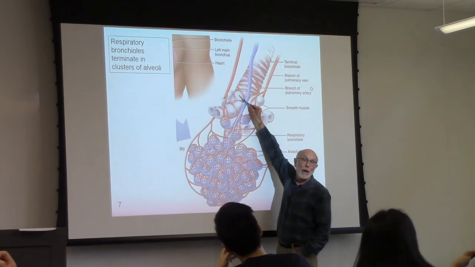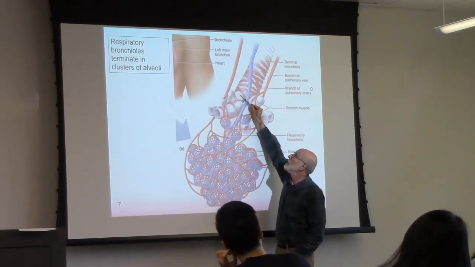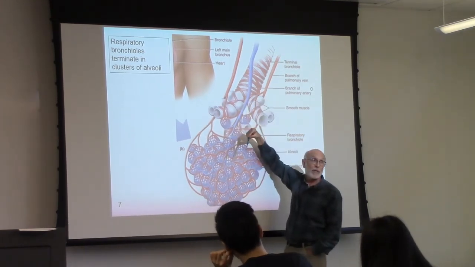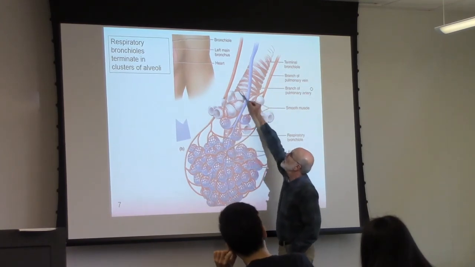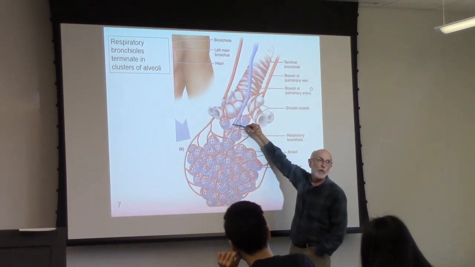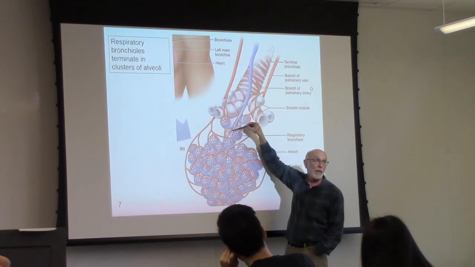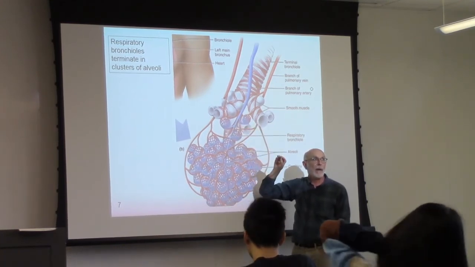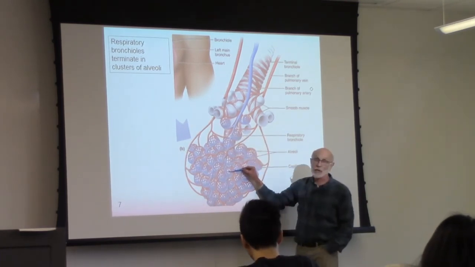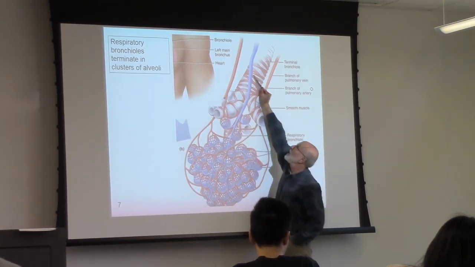And what's the name of the cells that produce mucus? Goblet cells, and then there are cells that move that mucus, but they want to move it that way, not that way. Those are the ciliated cells. So these cells in here would produce mucus. These cells here probably won't produce mucus because that would be a mess for these respiratory alveoli. I'm not going to get to that level of histology, but the point is these cells probably don't produce mucus, and by the time we get up here, they do.